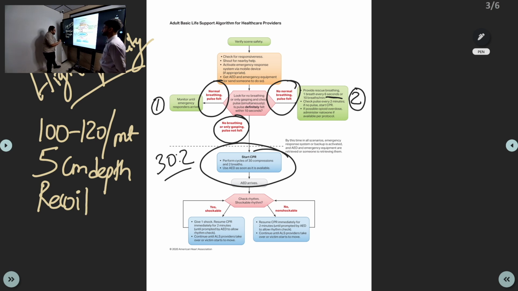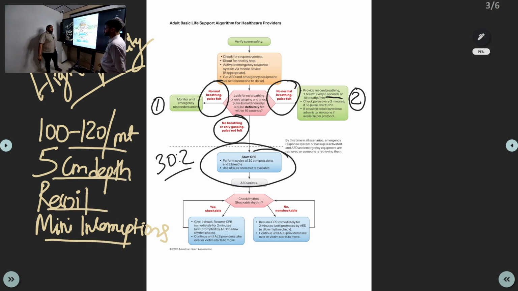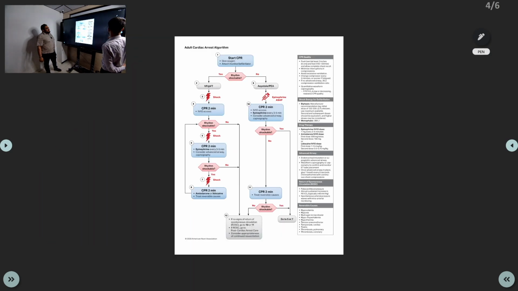Then minimize interruptions, which should not be more than 30 seconds. There are 5 qualities: 100 to 120 compressions, 5 centimeter depth, recoil, minimize interruptions, and one more, which is to avoid excessive ventilation.